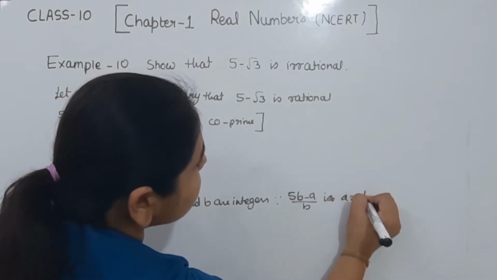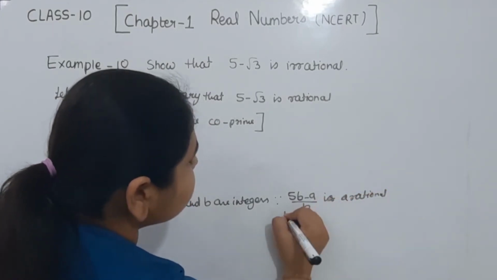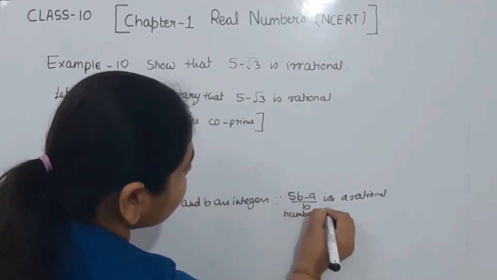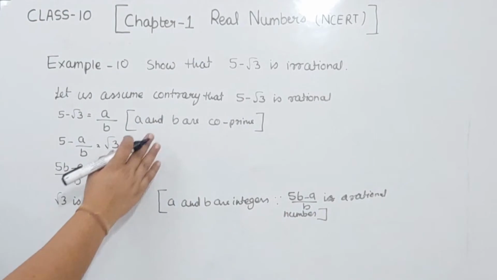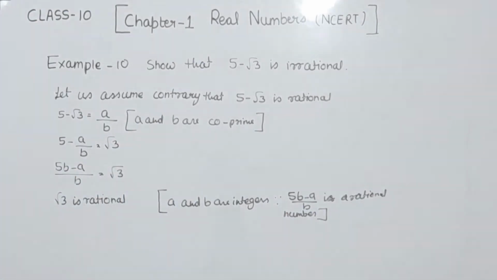Now this is a rational number, which means a and b are co-prime numbers, but this contradicts the fact that root 3 is irrational, so our assumption is incorrect.